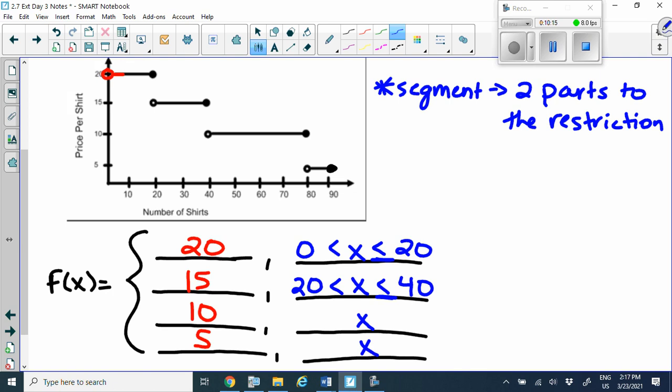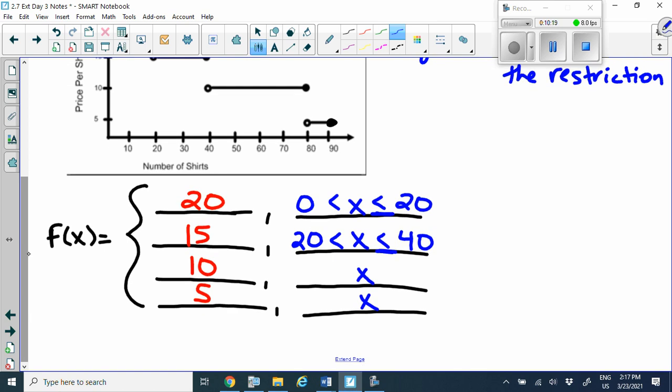Okay, our third segment. Well, that x value for the open circle is 40, and the closed circle is at 80, okay? So we start with our open, so that is at 40. Remember, we do not use an equal bar if it's open, but at 80, it is a closed circle, so we use an equal bar.